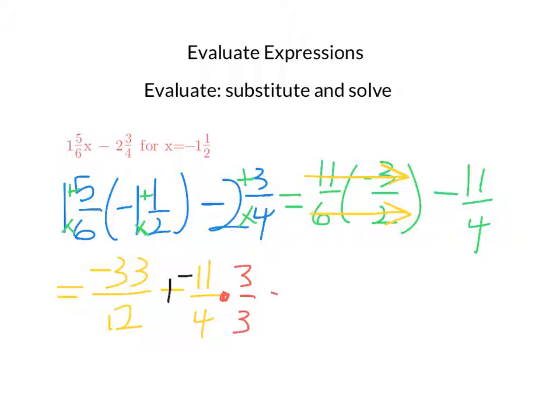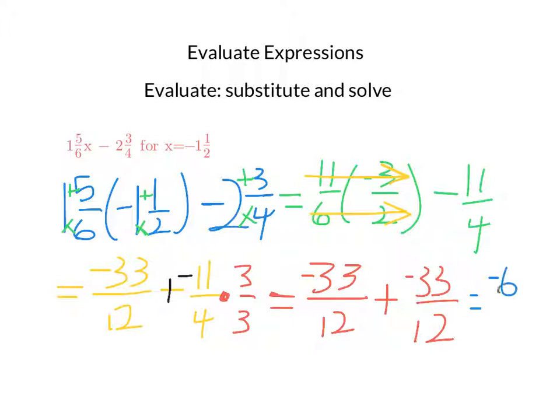So this is going to equal, so we're still going to write down the first fraction, negative 33/12, plus, well, look at that, negative 33/12. So I guess the other thing I could have done is simplified this fraction. But now we know that that's going to equal negative 66/12.